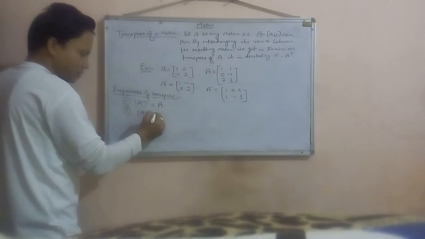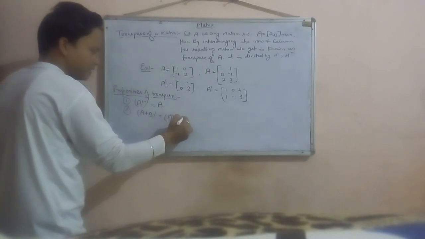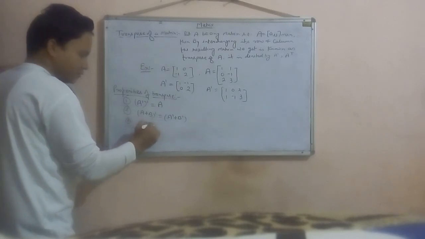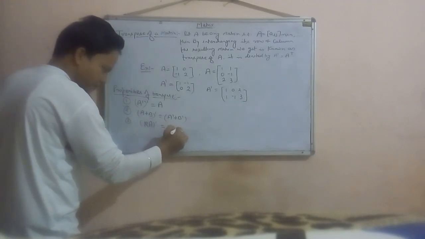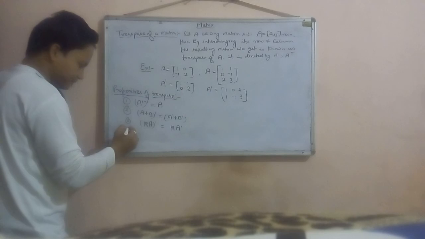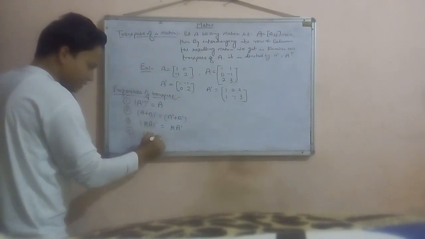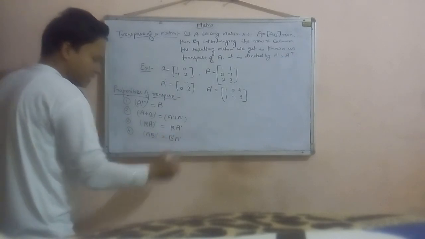So A plus B whole transpose must be equal to A transpose plus B transpose. Third one is K into A whole transpose equal to K into A transpose, where K is any constant scalar. Fourth one is A into B whole transpose must be equal to B transpose into A transpose.